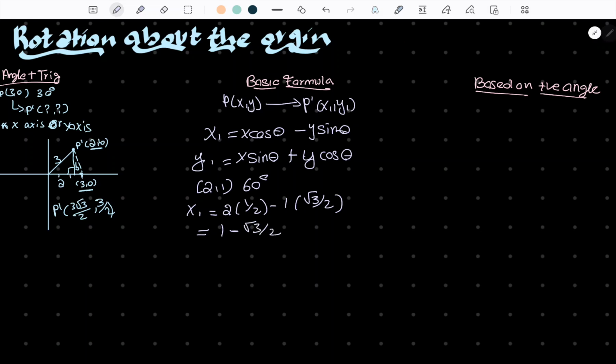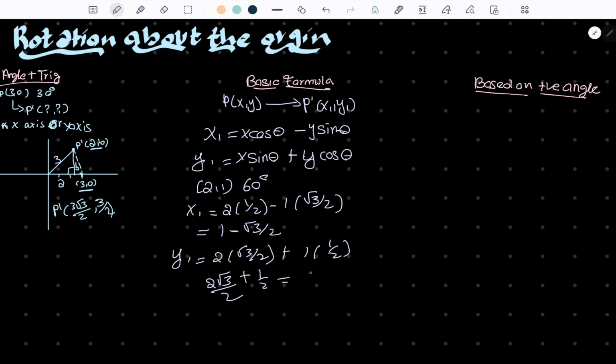root 3 over 2. So y prime will be, let's plug everything in, x is 2 times sine of 60, root 3 over 2, plus 1 times cos of 60, which is 1 over 2. That is going to be 2 times root 3 over 2 plus 1 over 2.